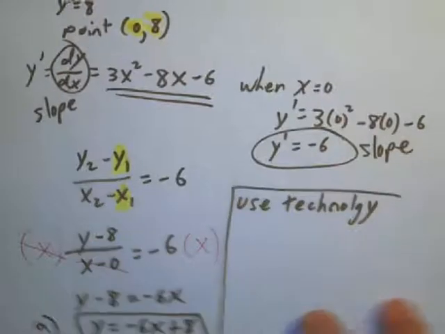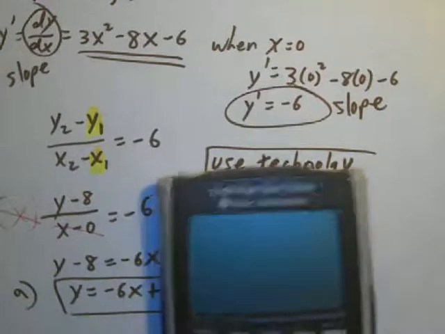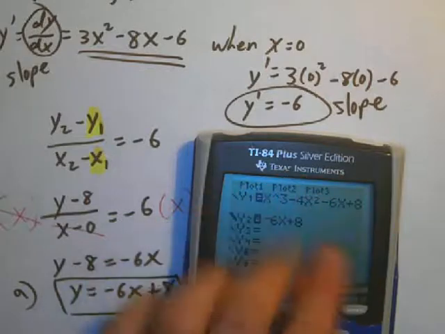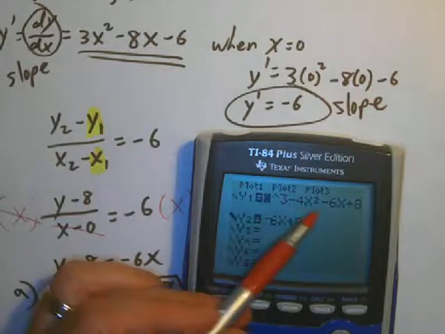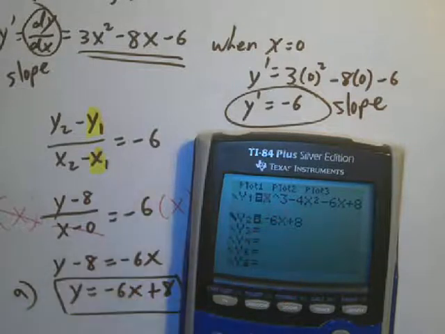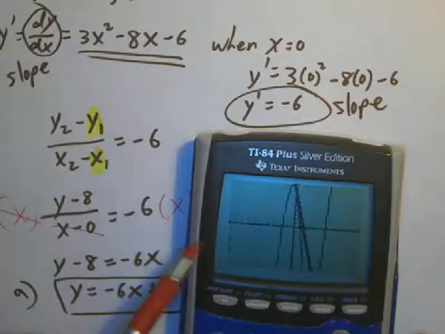If we get our calculator and hit y equals and type in the equations, there we get the equations. One thing to look for: make sure you use minus for subtraction and a negative symbol for negative numbers. Otherwise, you're going to have an error. If I hit graph, I get this.